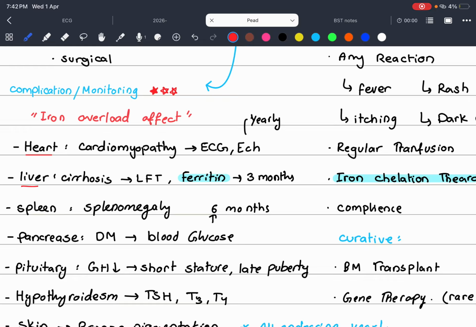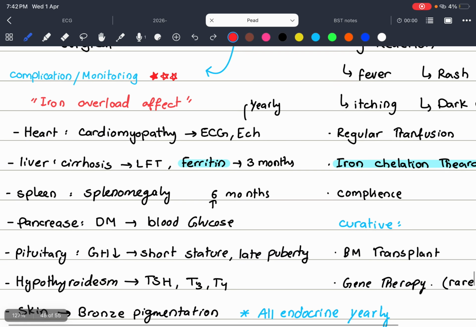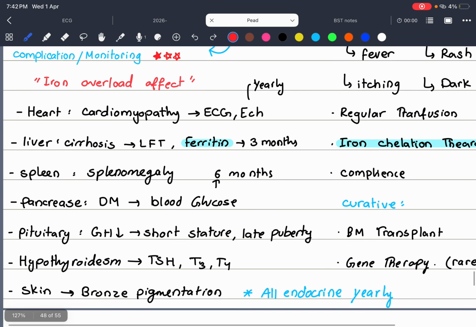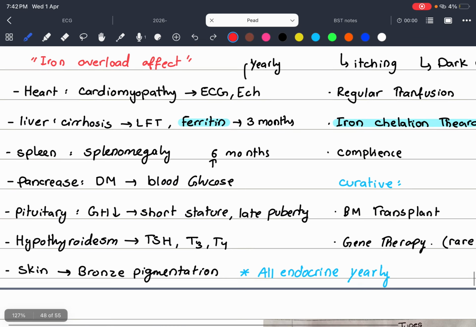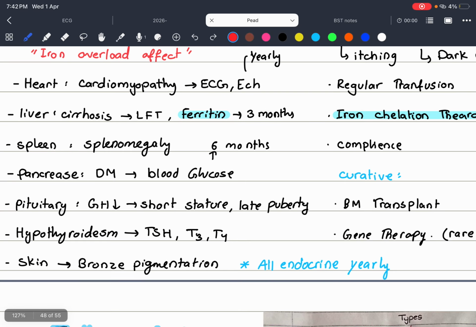Mainly the heart, the liver, the spleen, the pancreas. In the heart there is cardiomyopathy, so you monitor with ECG and echocardiogram, yearly, not always. The pancreas goes diabetes mellitus, so you do blood glucose every 6 months. Spleen, splenomegaly. Liver cirrhosis, you can do liver function tests and ferritin every 3 months.